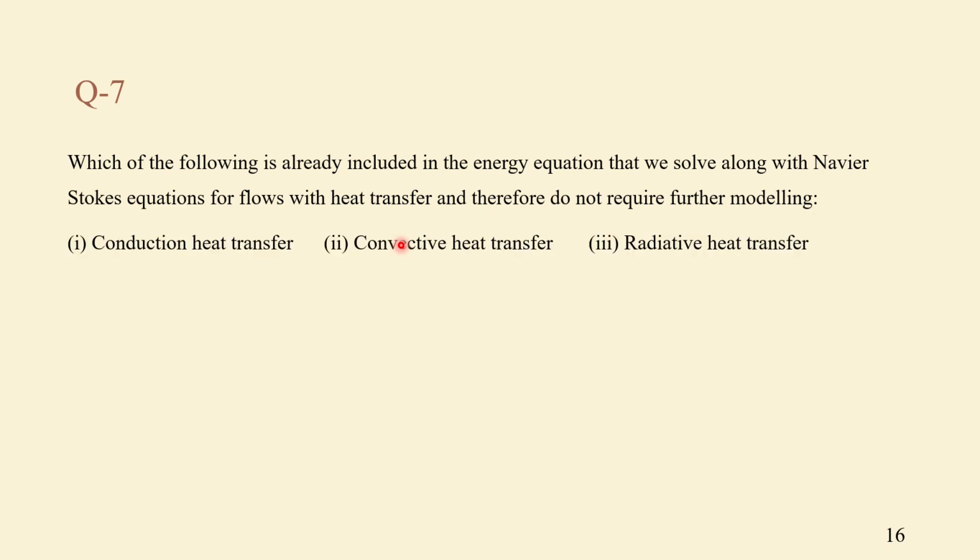Option 1, conductive heat transfer; option 2, convective heat transfer; option 3, radiative heat transfer. Radiative heat transfer requires further modeling. Apart from that, conductive and convective heat transfer are already included when dealing with heat transfer problems.